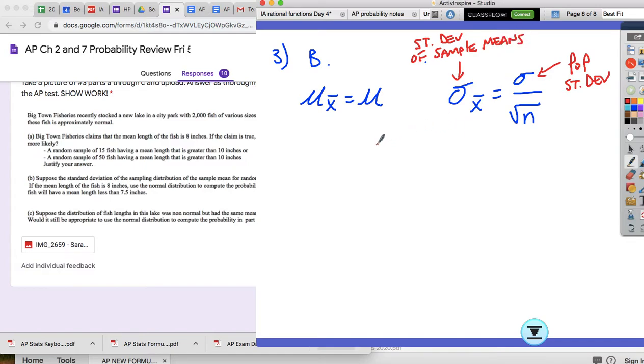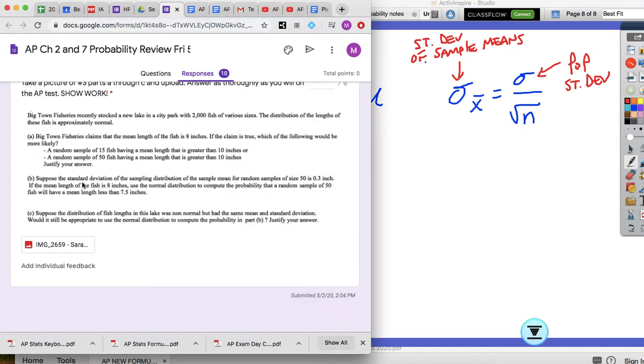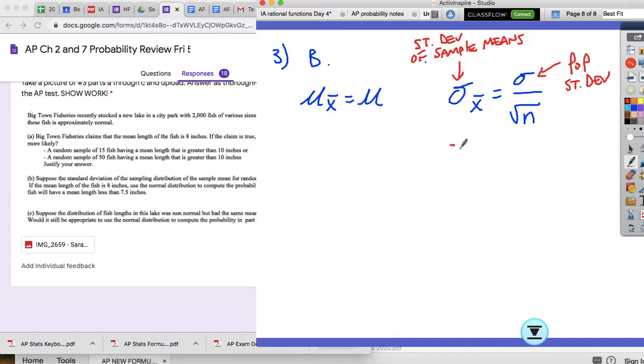Okay, now the sentence here says the standard deviation of the sampling distribution of the sample means for random samples of size 50 is 0.3 inches. They just gave you that the standard deviation for all of our sample means is 0.3 inches. So they did not tell you the population standard deviation.